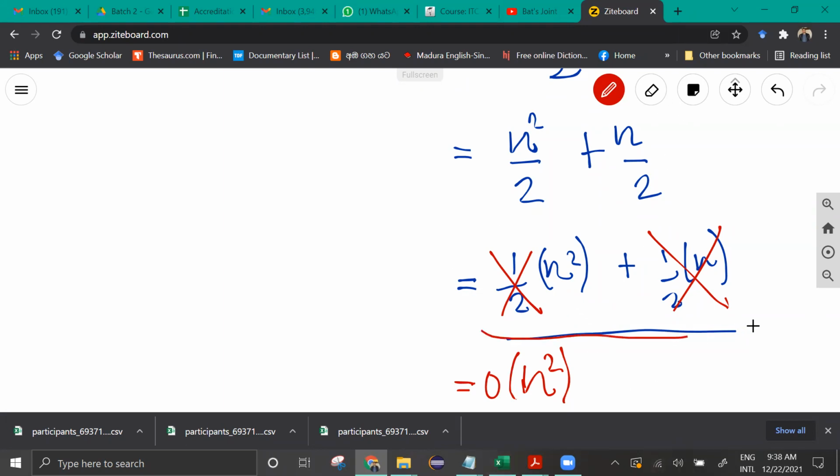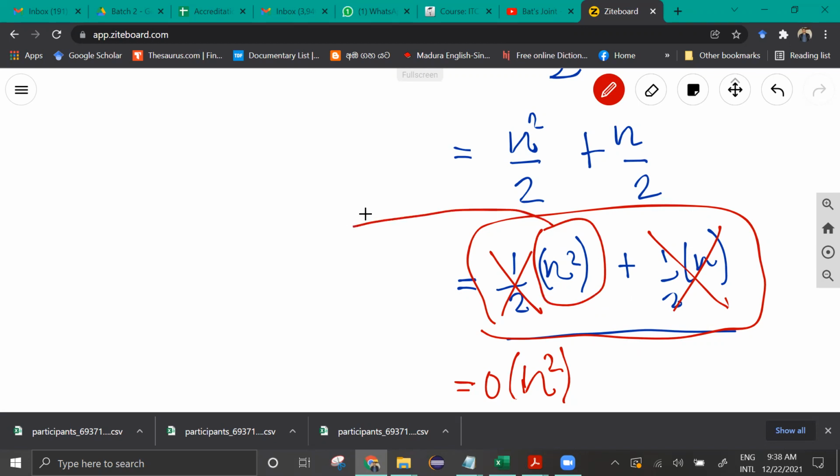So this is the actual value, but to represent this function, we choose n squared.